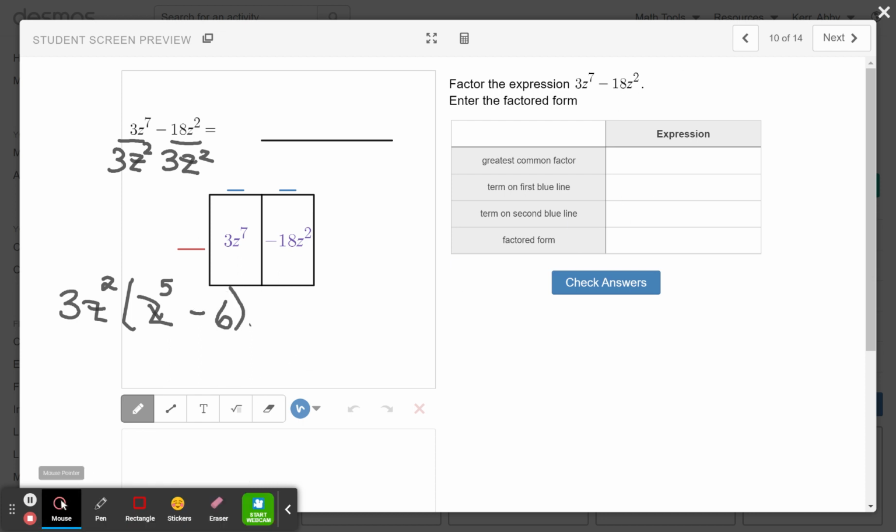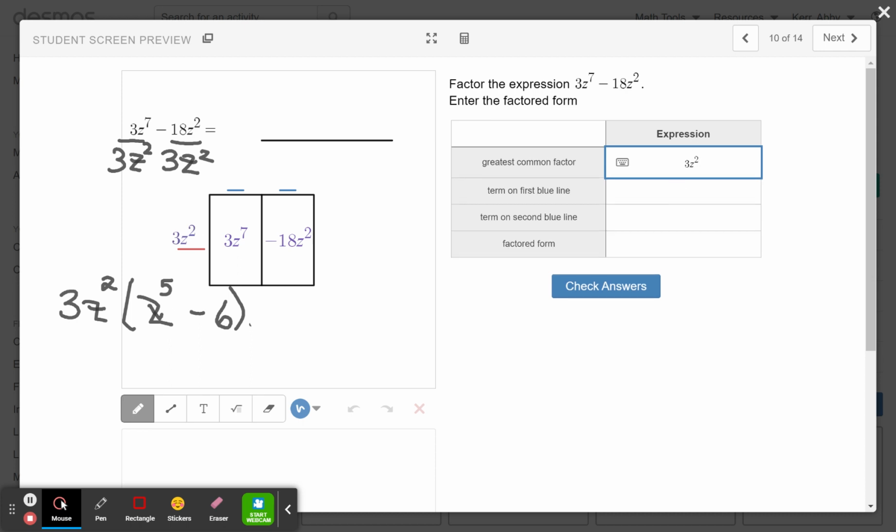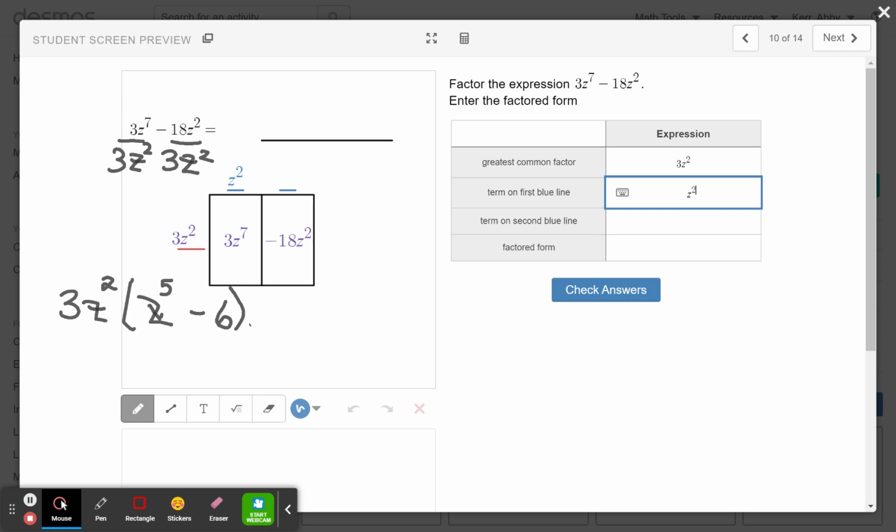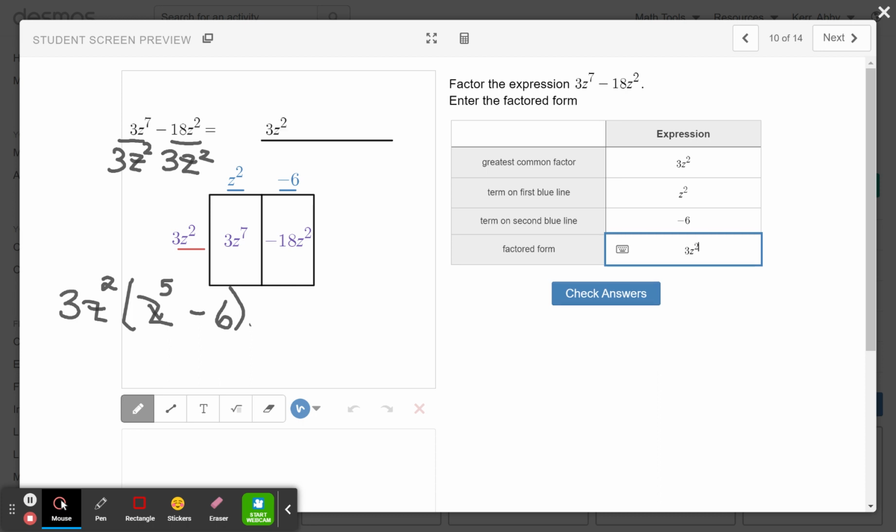So here my greatest common factor was 3z squared. Z squared minus 6. So our monomial times our binomial is going to be our factored form.